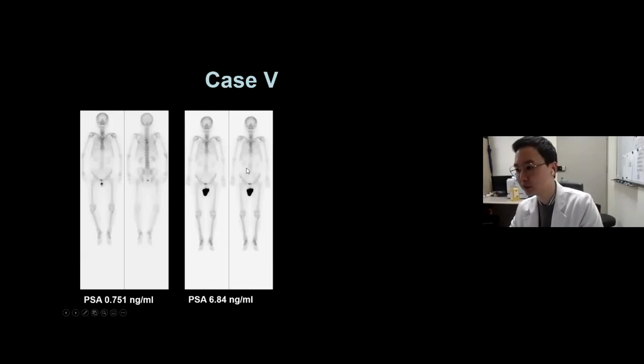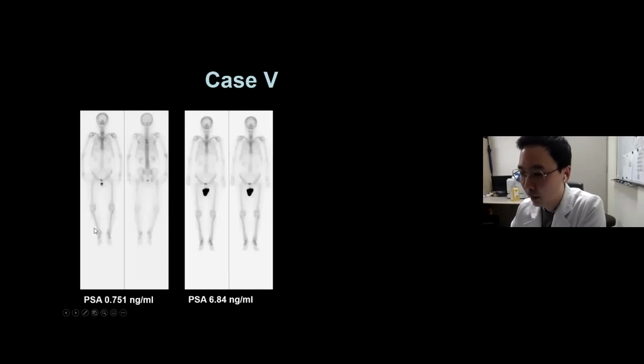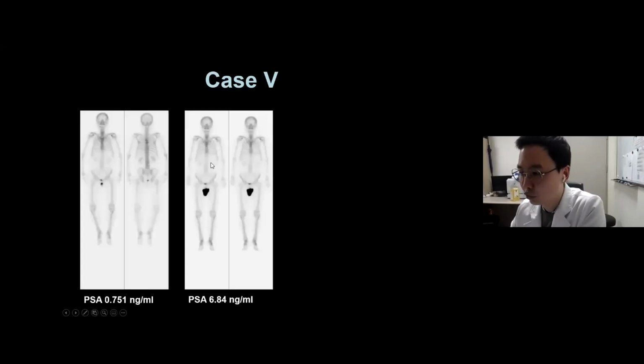This bone scan was done in March 2020, and this one was done in July, and there was no significant change. Only some subtle change in the T6 spine was shown, so it was not indicative of tumor progression on the bone scan.